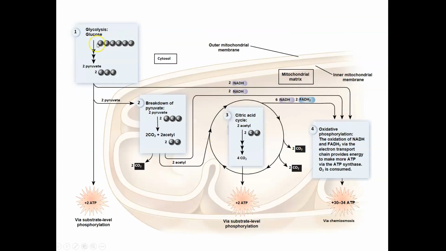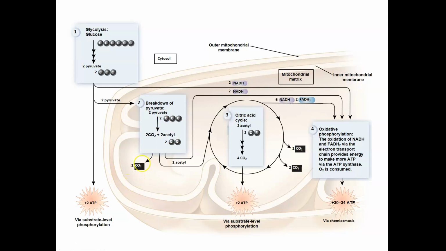All right, so far what we've done is we've broken down glucose, we've made 2 pyruvates. Those pyruvates have made their way into the inner mitochondrial matrix and have now been converted into acetyl-CoA. We had 2 3-carbon molecules and now we have 2 2-carbon molecules. Where did that carbon go? It was released as CO2 and exhaled, and we did that 2 times.